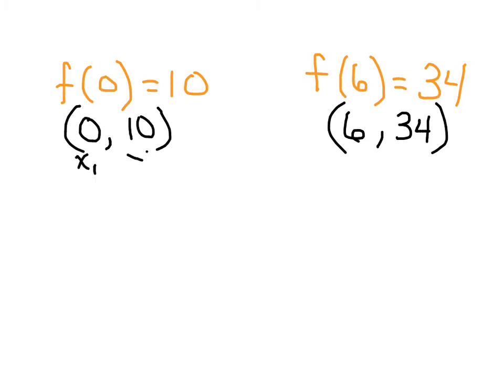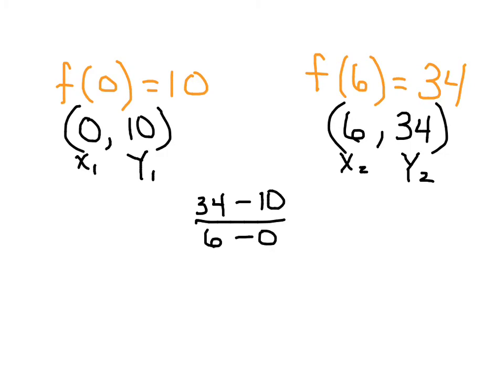So if I set them up the same way, where I do the x and the y trick, which one's y2? 34. Good job. Minus 10, over 6 minus 0.